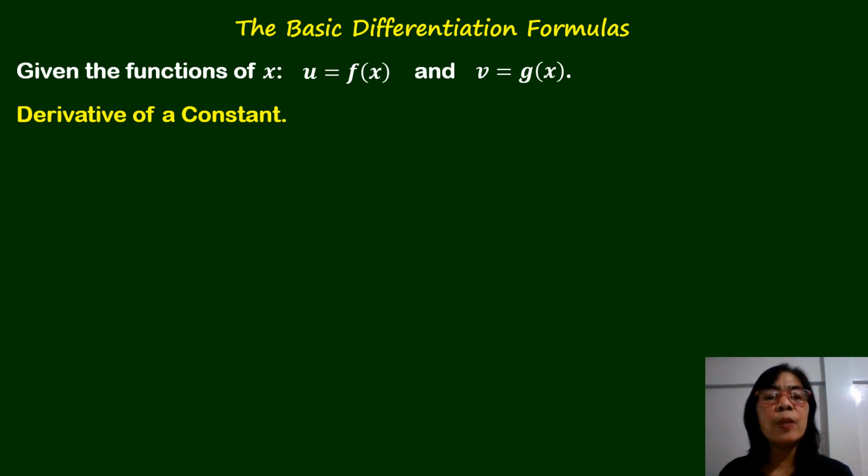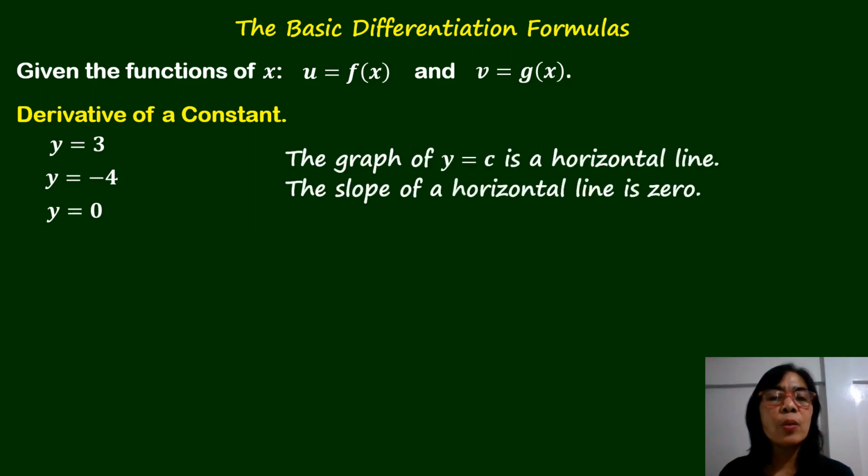Before we go to the formula, let us recall first the graph of the equations y is equal to 3, y is equal to -4, and y is equal to 0. If you still remember in analytic geometry, equations in the form y is equal to a constant will give us a horizontal line.